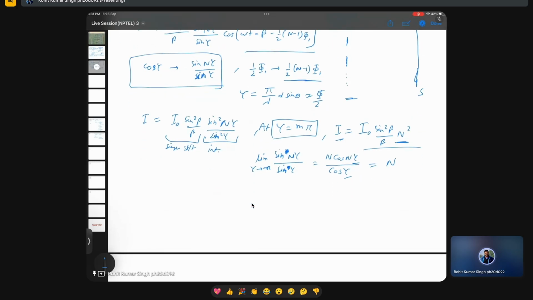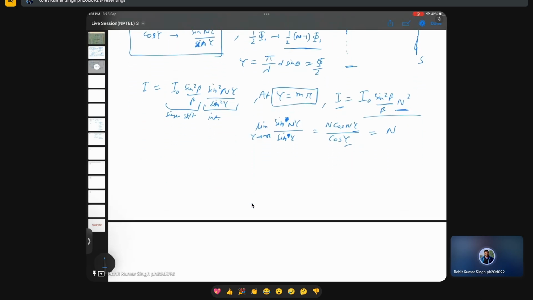Is this okay? So the interference pattern will look something like this. As a function of gamma, if you plot sine square n gamma by sine square gamma, at m pi, meaning 0, pi, 2 pi, and similarly minus pi, minus 2 pi, this value is simply n square, right?